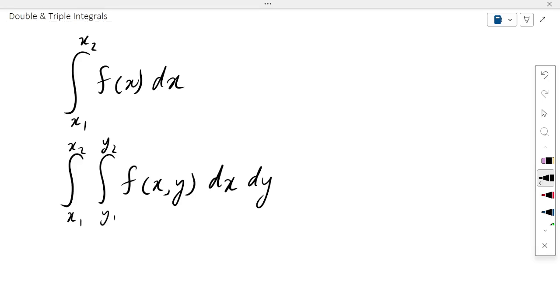Okay, so that's something new, right? If you're here for the first time, you're not really used to the multivariable functions with the integration. You're just used to your standard single integration.